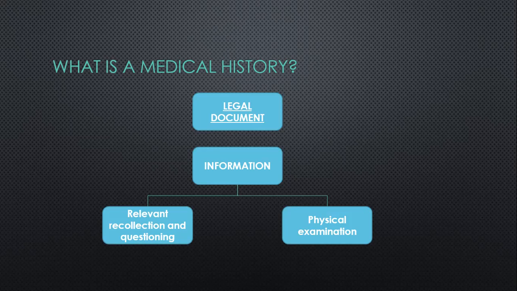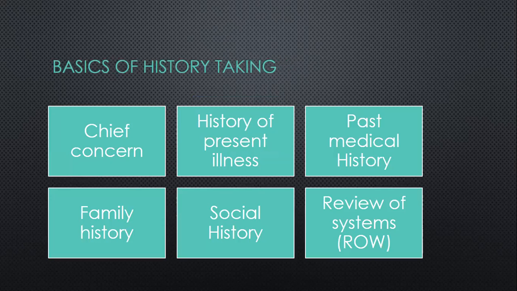Okay, so what are the main parts of a medical history? You have it on your screens. The chief concern, right? I'm going to say these terms in Spanish too, for you to understand the whole thing.